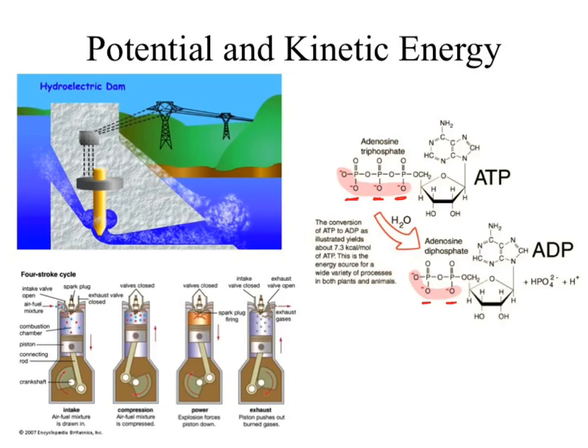So the big change is we took the energy in that one circled bond and released that. Okay? Or all life stores energy in that bond, and in the release or breakage of that bond, we can convert that across to something else. So it's kind of fun and interesting.